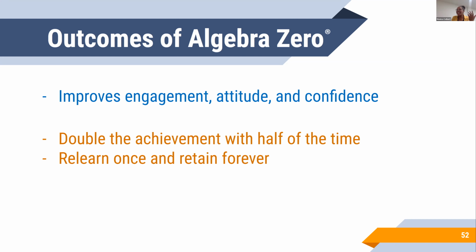And with that, a lot less time is spent trying to get students to memorize something or trying to get students to show that they have it by giving them different types of problems where the rule application might fall short for some. So relearning, and it could be a first time learning, but relearning one time through the proper way of showing the conceptual understanding, it does produce retention forever.